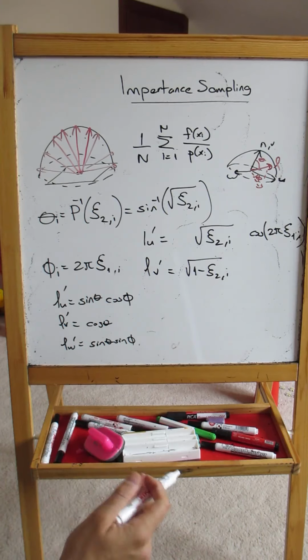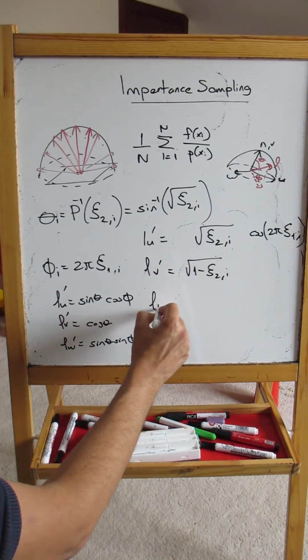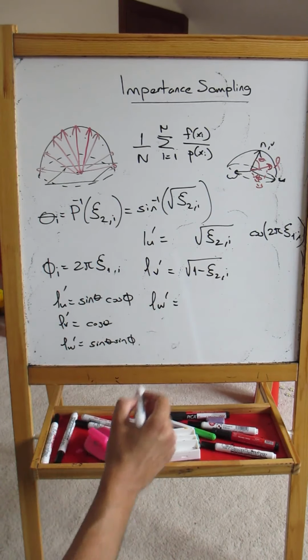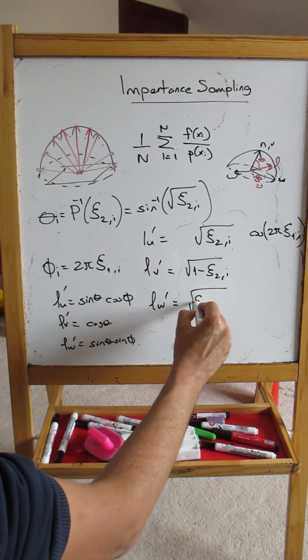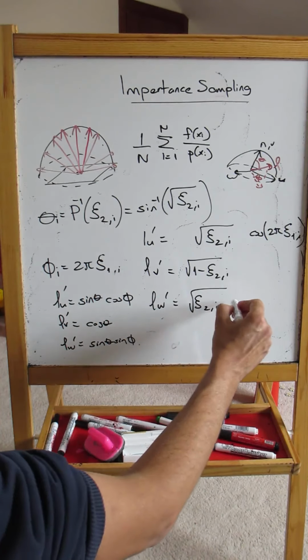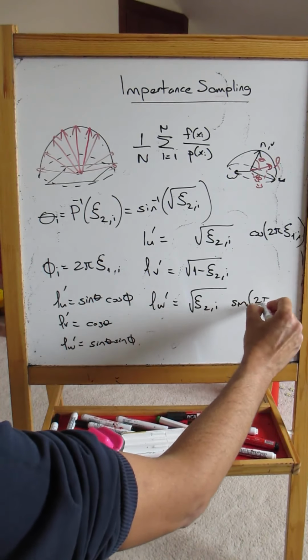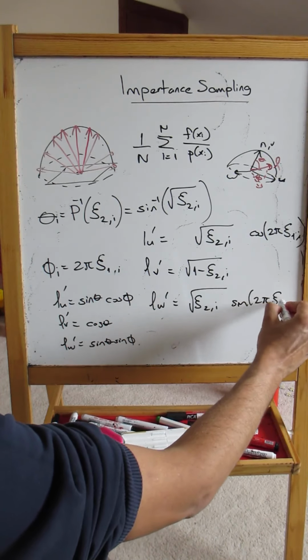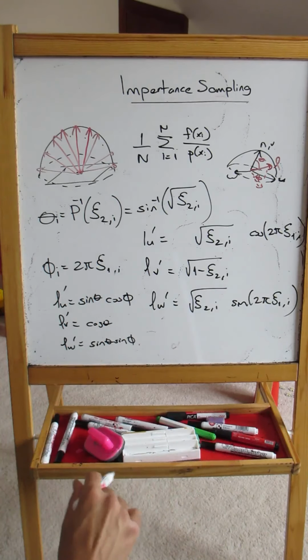And then for LW we can write again the square root of chi 2i times sin 2 pi chi 1i.